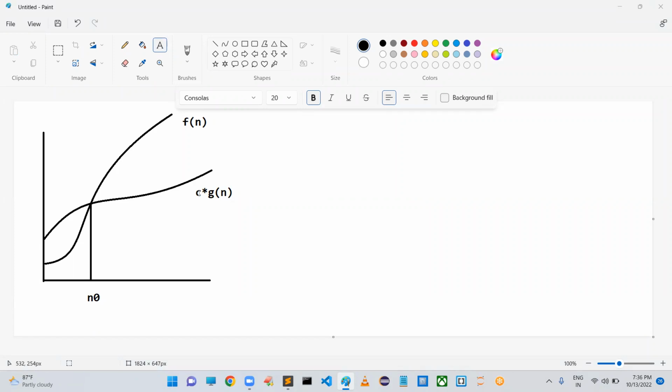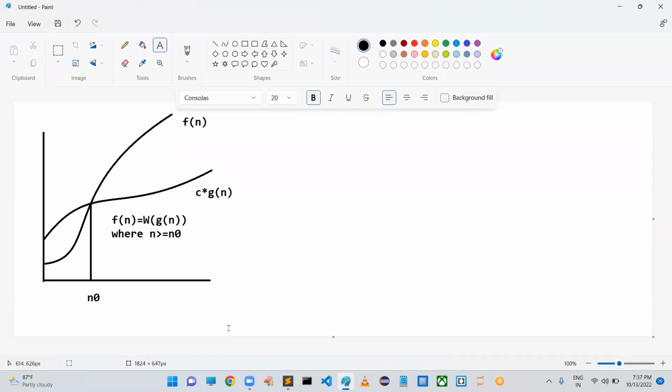We need to always talk with respect to g of n. In the previous case g of n values were increasing, but here g of n values are decreasing. That is the point. So here I can say f of n is equal to omega of g of n, where n is greater than or equal to some n naught. We need to calculate that n naught based on the functions.